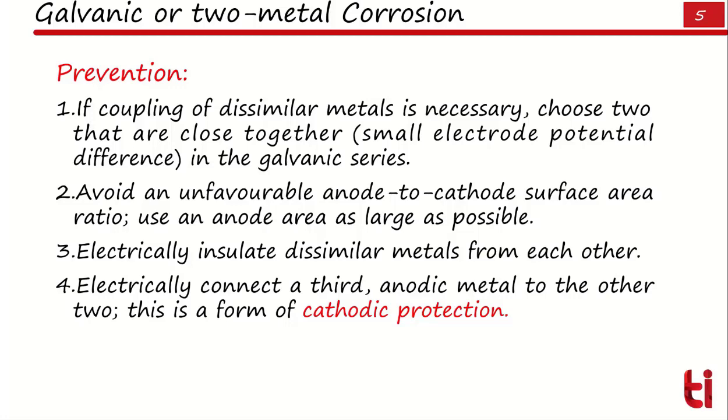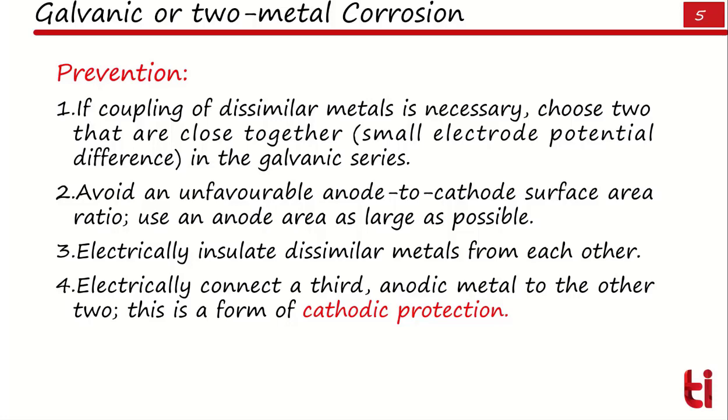Now, whether you can electrically insulate the metal junction or not depends on many other circumstances that go into your design. So in many situations, solution by electrical insulation of the junction may not be a possibility because of other restrictions.